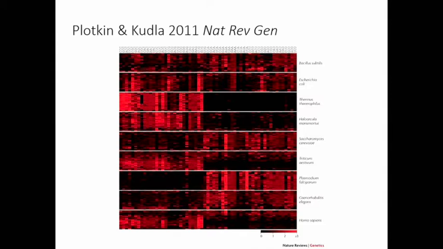Each of these rows is a different gene within that species' genome, highlighting which are the common codons, and you can see there are distinct patterns that characterize particular species. There's also variation from gene to gene within species as well. But there are clear patterns that suggest that something more complicated is going on. It's not just random.